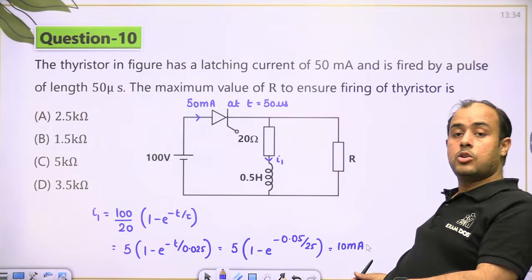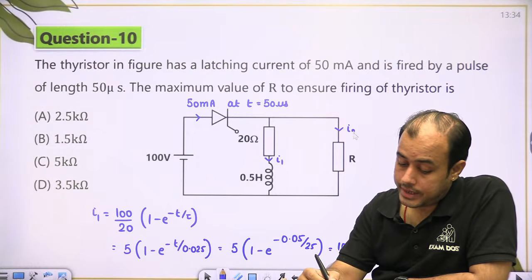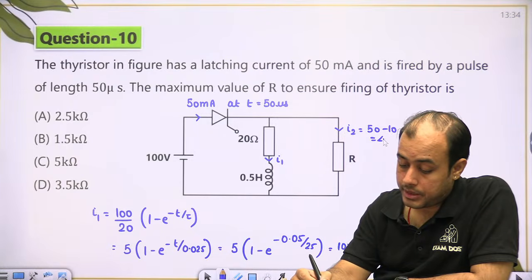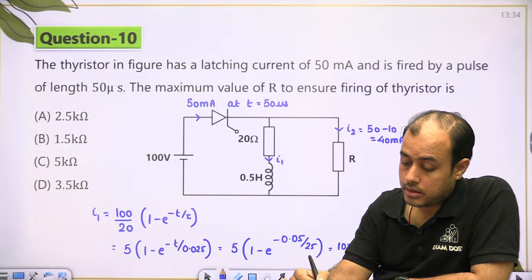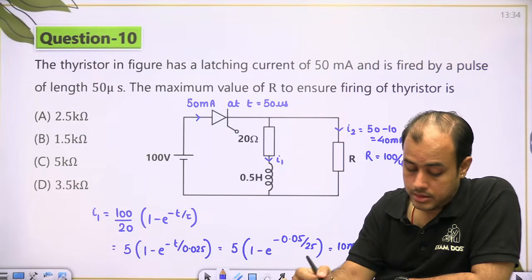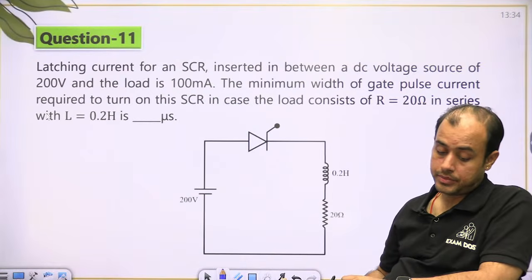Okay, this comes out as 10 milliampere, बच्चों. So I2 should be 50 minus 10, 40 milliampere. So R should be 100 by 40, 2.5 kilo. Okay, 2.5 kilo.